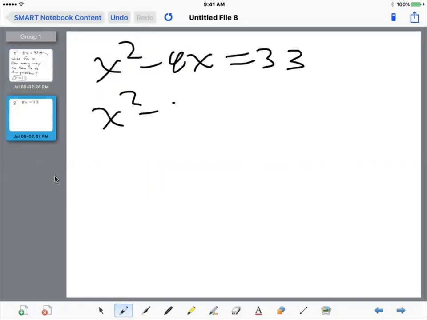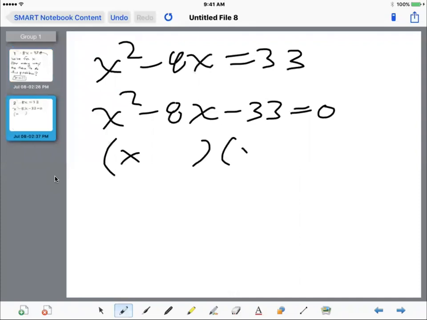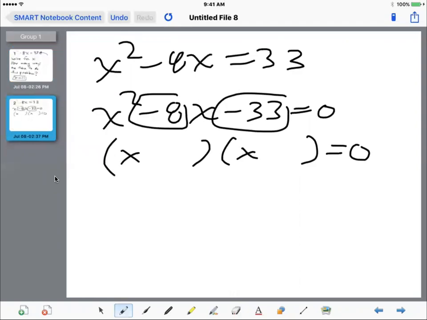Almost every approach starts with moving everything over to the left-hand side. Now, if this does factor, we would need 2 numbers whose product is -33 and whose sum is -8, and that seems to be -11 and 3.